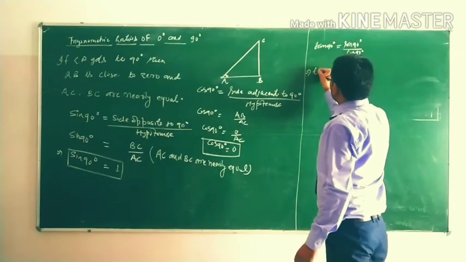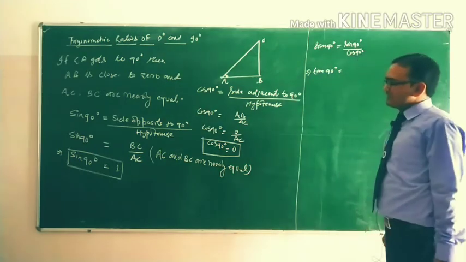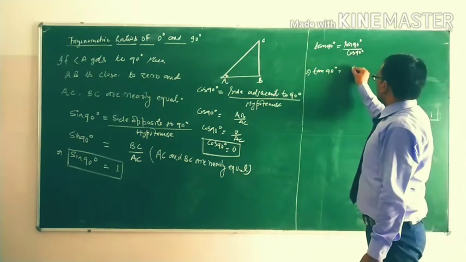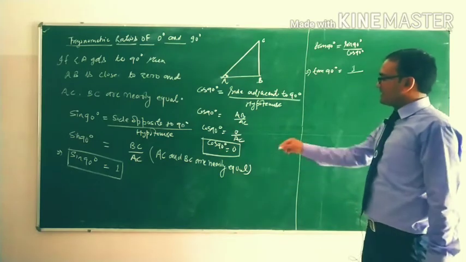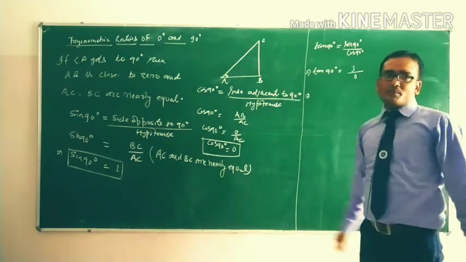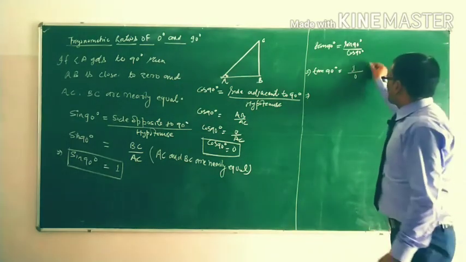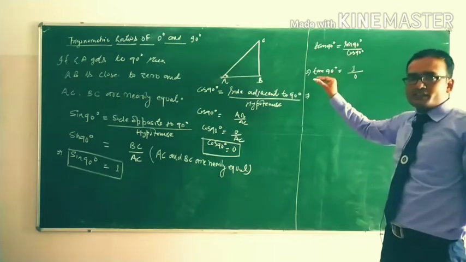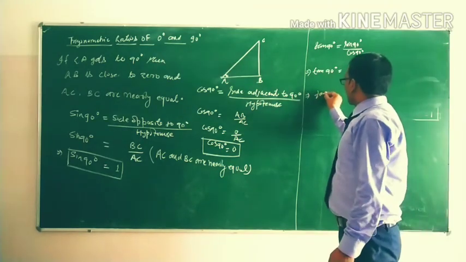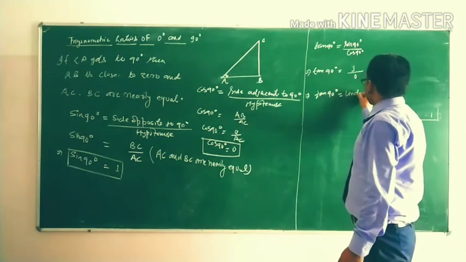This implies that tan 90 degrees is, what is the value of sin 90? Sin 90 is 1, and what is the value of cos 90? Cos 90 is 0. Again we find the value of 1 upon 0. This gives an undefined quantity. Okay students, that means tan 90 is equal to undefined.